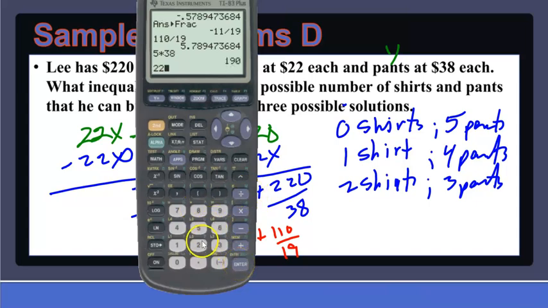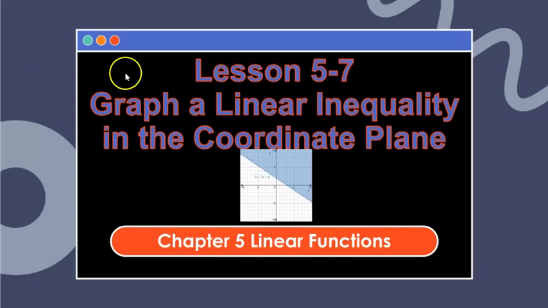And if I had 22 plus 4 times 38, that still gives me $174 total, which is still less than 220. So that is our lesson on graphing linear inequalities in the coordinate plane.